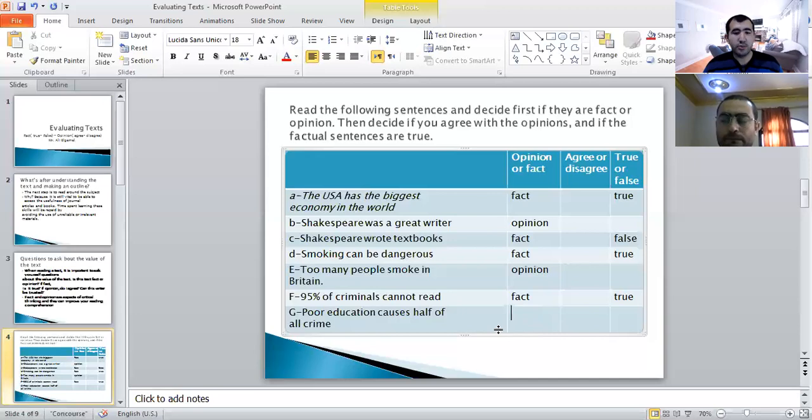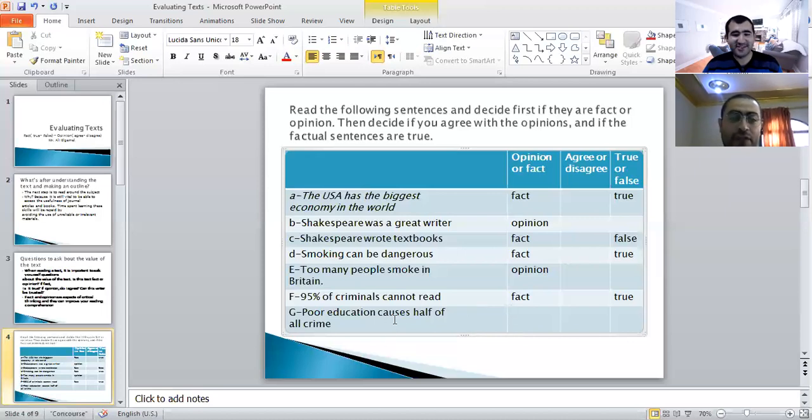But if there's no evidence in the text about the 95% of criminals that cannot read, then it is fact and false. Okay, thank you, Mr. Zaki, for the great clarification.